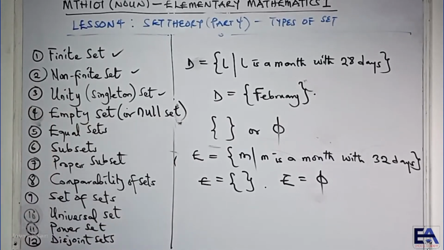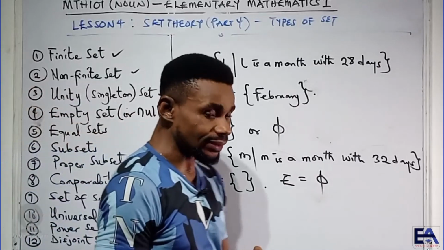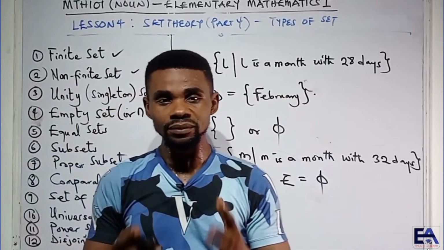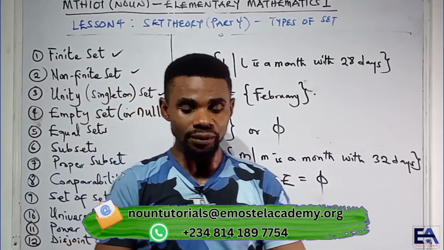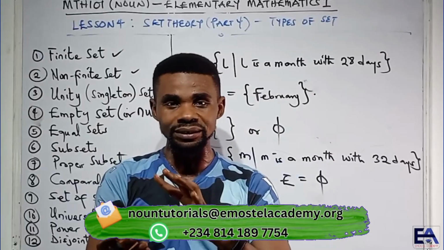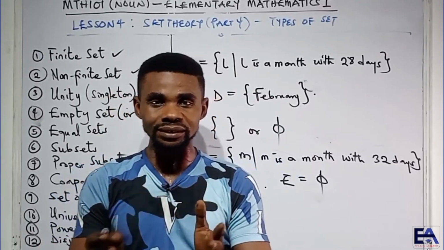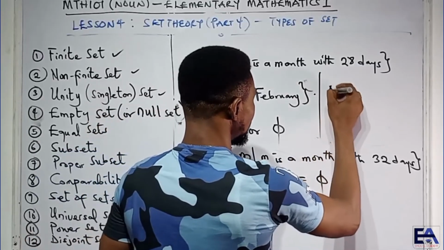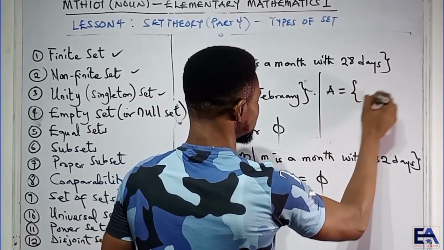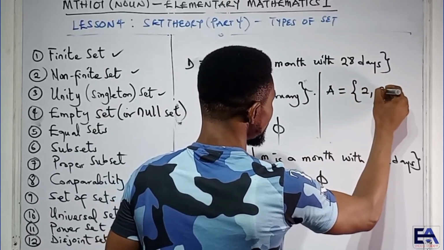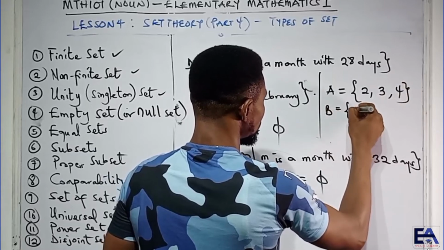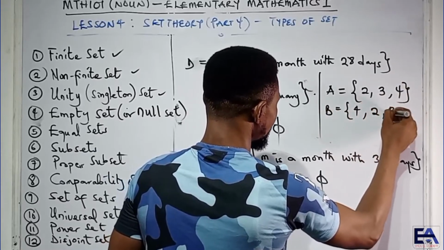All right, so we move. Number 5. We have equal sets. Equal sets are sets that have exactly the same elements in them. Although the elements might be scattered, they have the same elements. For instance, if I say set A is equal to {2, 3, 4}, and set B is equal to {4, 2, 3}.